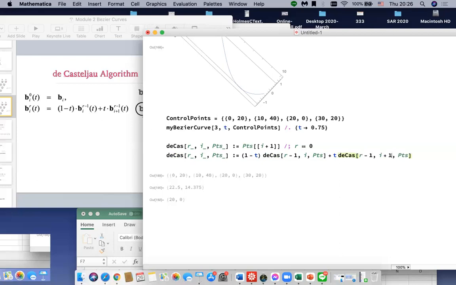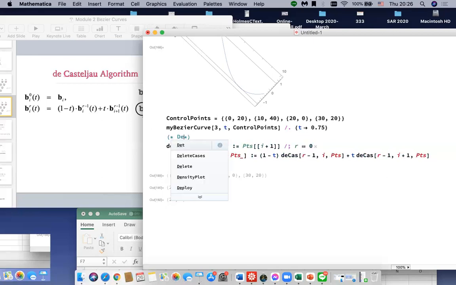Okay, I can just simply write like this, like the Casteljau. This is the Casteljau algorithm.